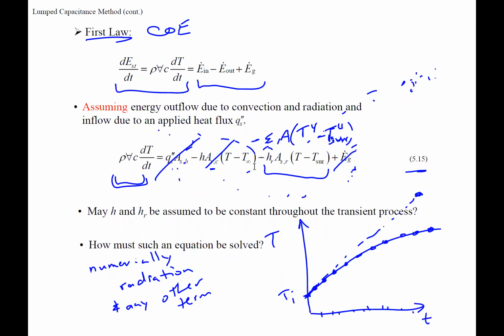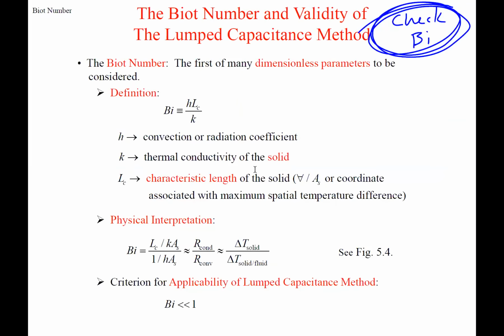The Biot number is a dimensionless parameter. In fluids, you had the Reynolds number, right? All these dimensionless parameters don't have a dimension, but they also compare things.